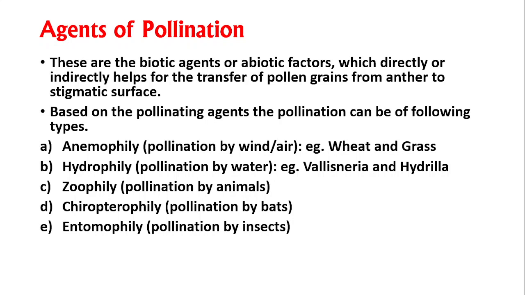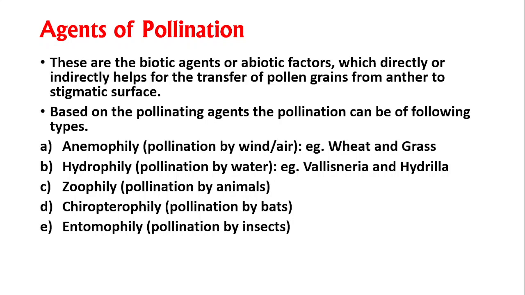What is chiropterophily? Very simple. It's a type of pollination which is brought about by bats. You know the bats already. The bats will directly or indirectly help in the transfer of pollen grains in some plants.